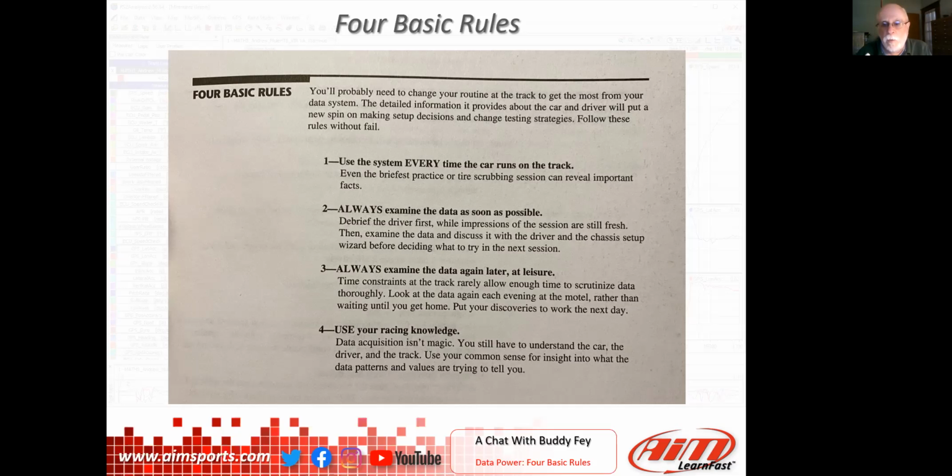My rule of thumb always had been that if I had the luxury of time to do it, it took as long to analyze the data as it did to run the event. That sounds like a lot of time, and it is a lot of time for somebody at the club racing level. But if you engage that amount of time, or even approach it over time, things will become more routine and will become muscle memory for you, and they'll come to you more quickly.